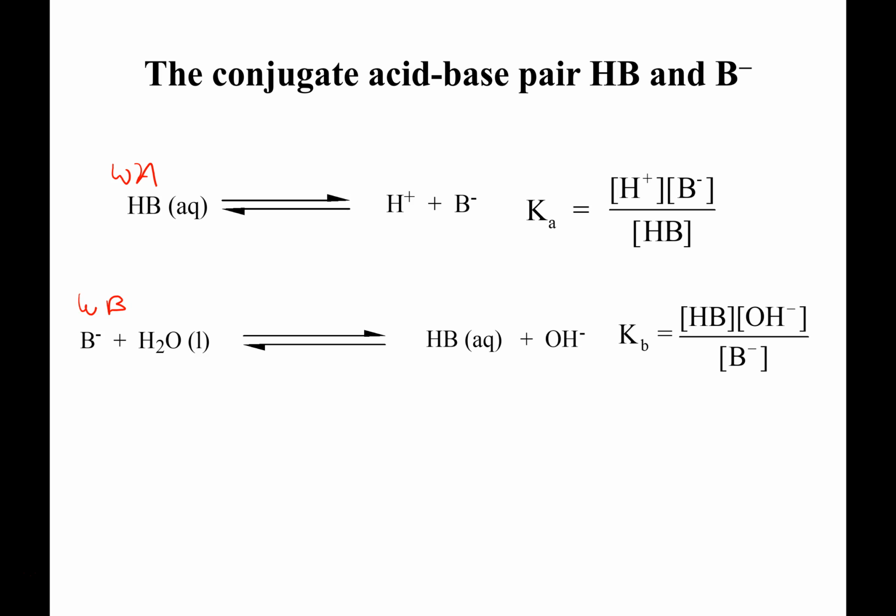Now, can you see where the weak acid and the weak base have the relationship I've just been talking about? They differ by a proton. So ta-da, they are the conjugate of each other. And I could write my Kb expression like this. Well, let's say I take these two, I draw a line, and I add them together.